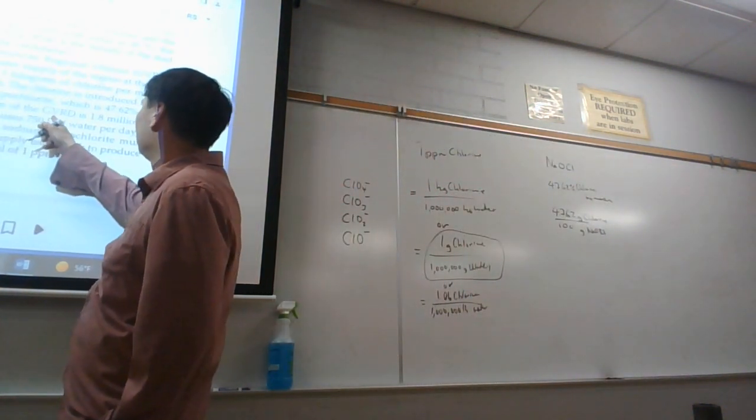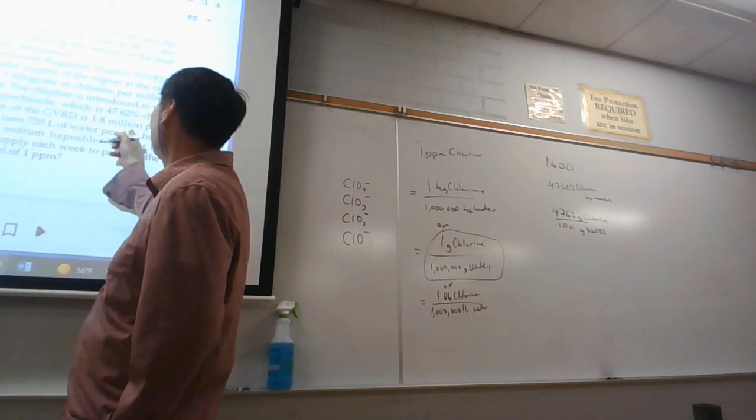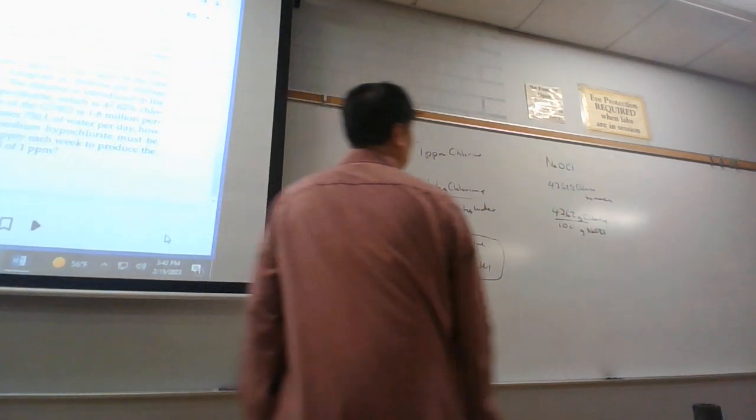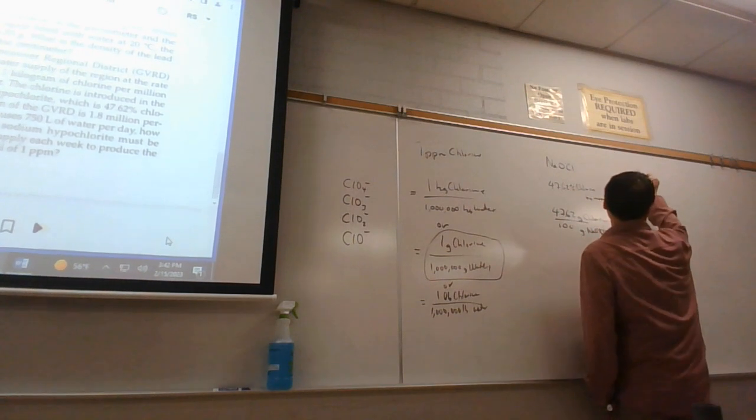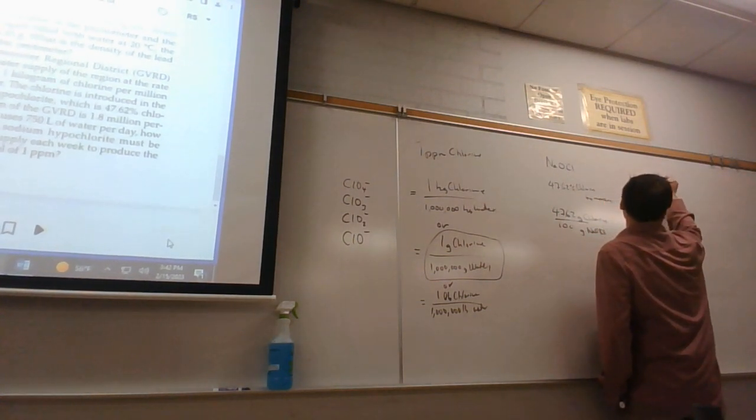The population of the GVRD is 1.8 million persons, so we have 1.8 times 10 to the 6th people.